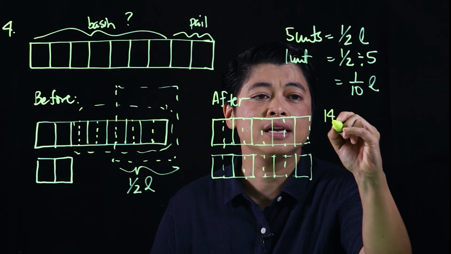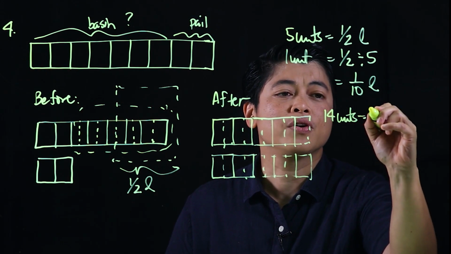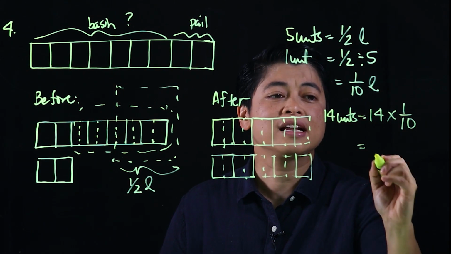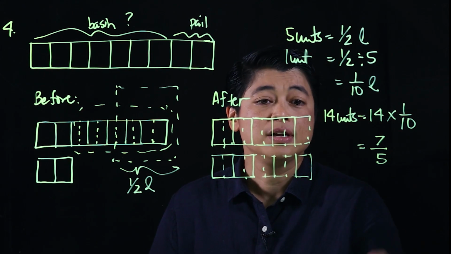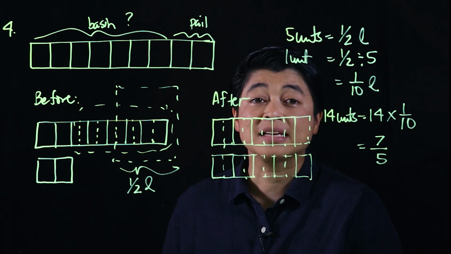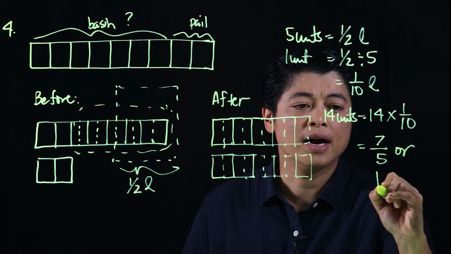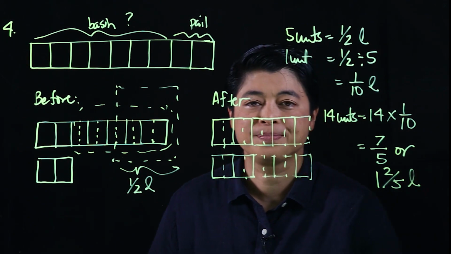So 14 units is equal to 14 times 1/10, which cancels out as 7/5. And it says, leave your answer in mixed number. So this will be 1 2/5 liters.